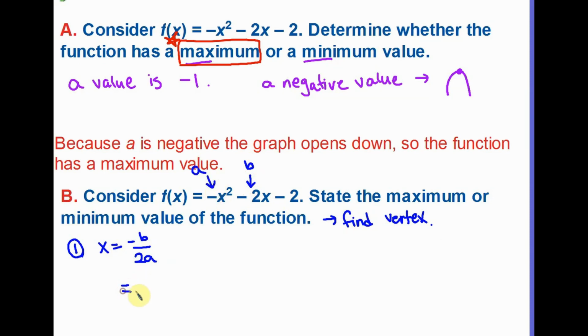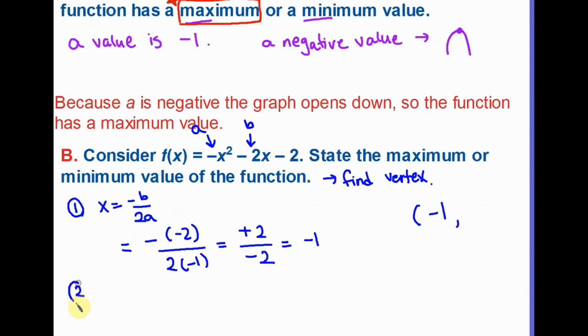If I plug it in, negative times negative 2 for your b value, over 2 times a, which is negative 1. If I simplify this, negative times negative 2 will be positive 2, over negative 2 on the bottom. This becomes negative 1. So I know x is equal to negative 1.